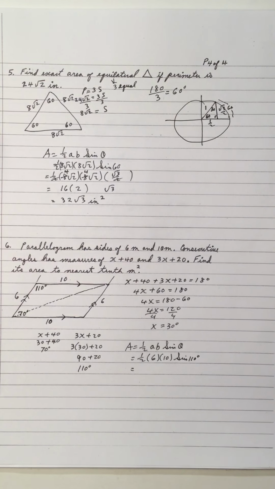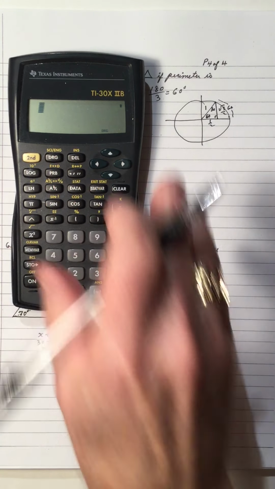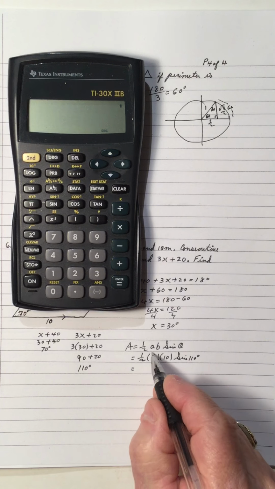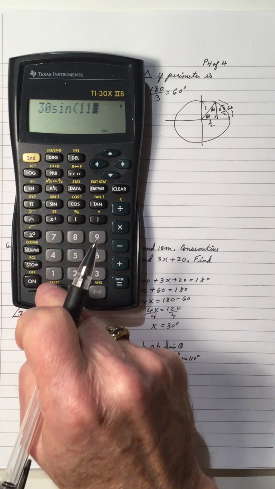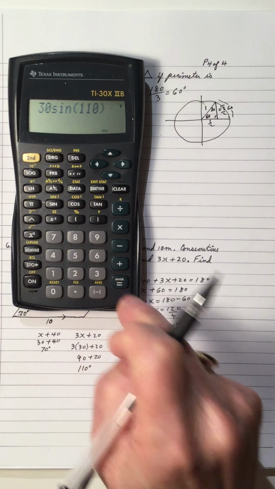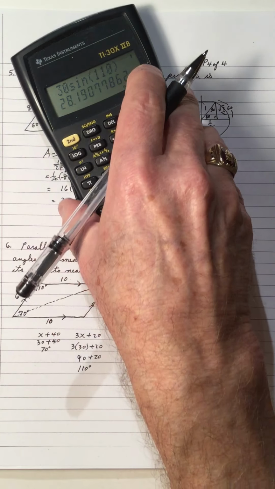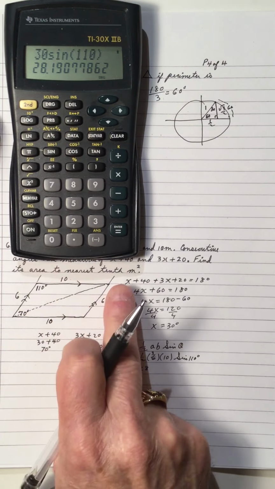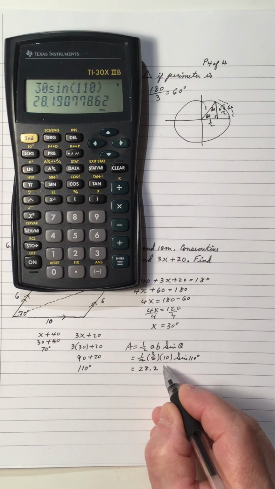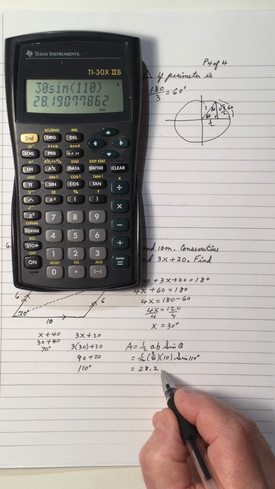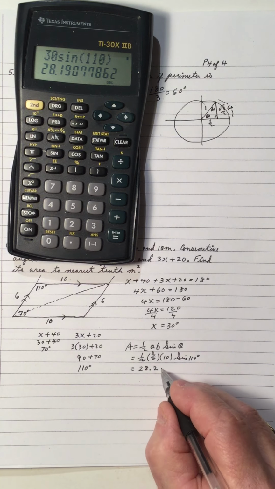Let me work that out on a calculator. A half of 6 is 3, so it's 30 sine 110. To the nearest tenth, we get 28.2, and that's for one triangle, in square meters.